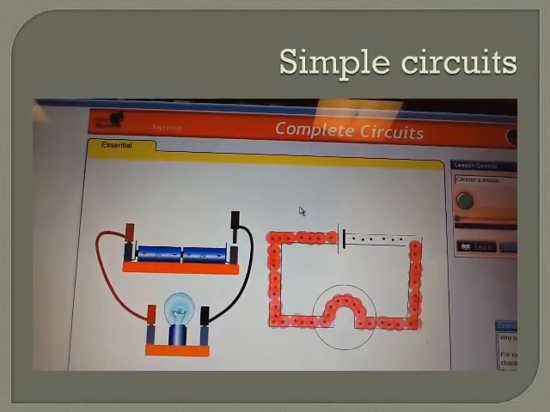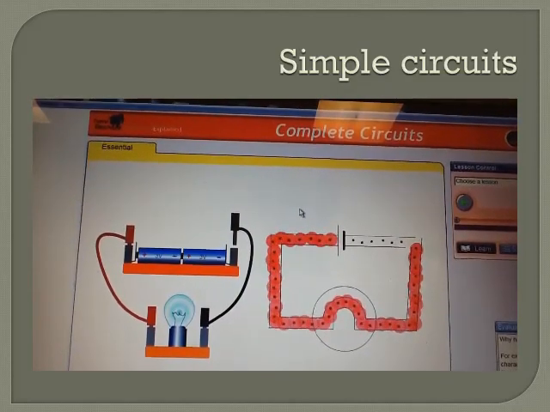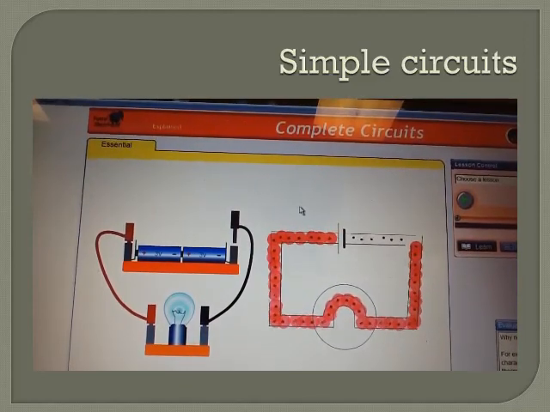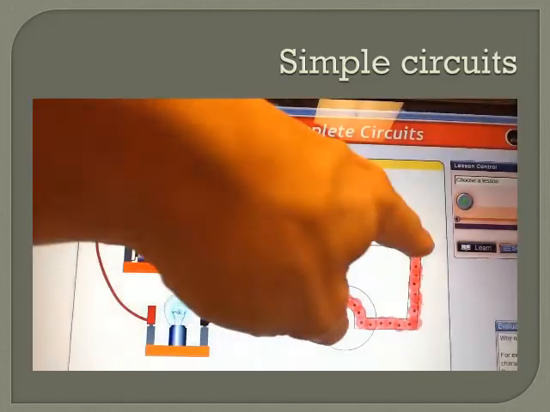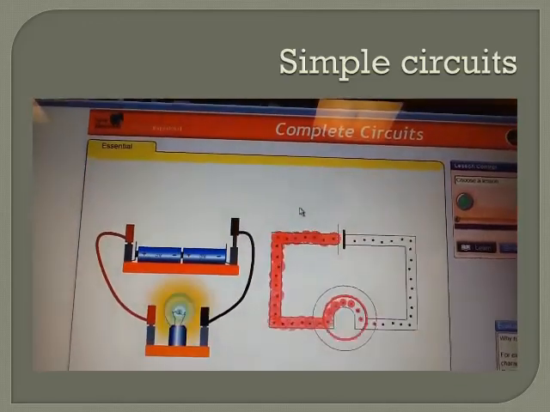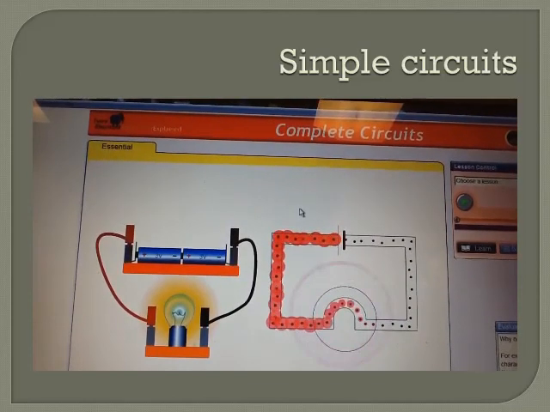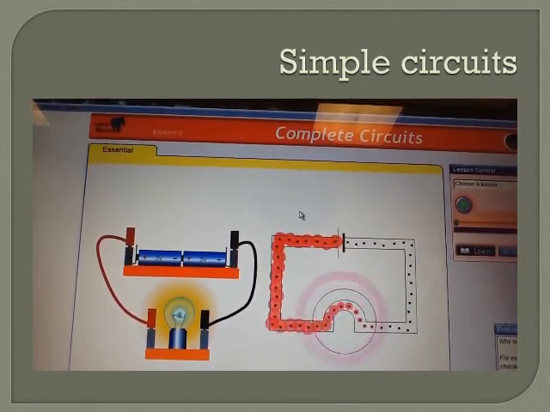I continue to make connections. Notice that now I've got a lot of energized electrons, but still nobody moving, and therefore no current, and therefore no glow. Here's my last connection I'm going to make, and all of a sudden once I make that connection, notice that now my charges are moving, and once they're able to move, they're able to carry energy from the battery to the light bulb.